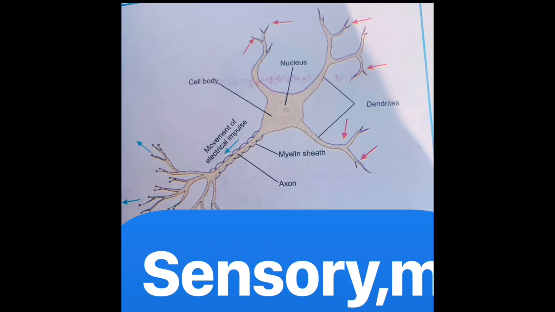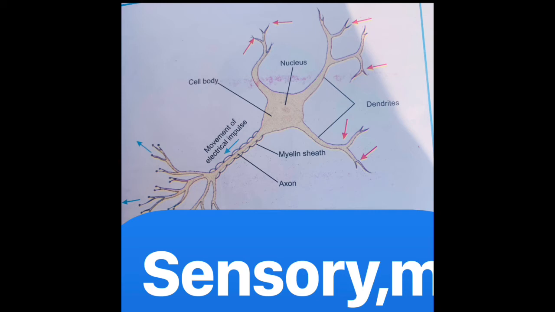After studying the structure of the neuron, we will see the types of neurons. There are 3 types of neurons. One is called sensory neurons or incoming neurons, and motor neurons or outgoing neurons.